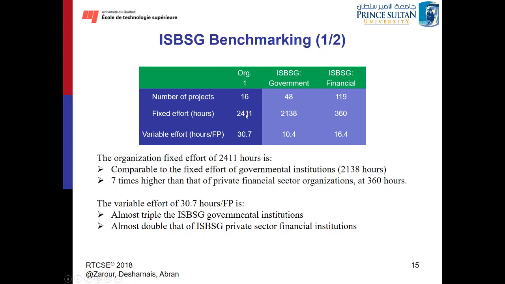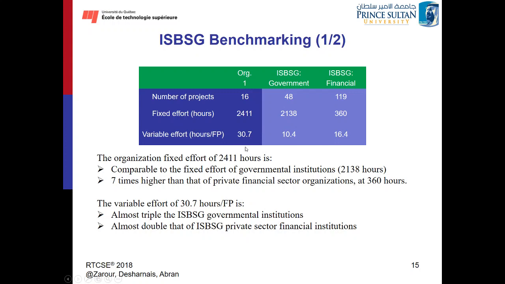This is organization 1, the number of projects used, the fixed effort, the variable effort, and we compared them to similar projects from ISBSG, and the projects collected from ISBSG have been grouped into governmental projects and financial projects, and these are the number of projects per group and the fixed and variable effort for each.